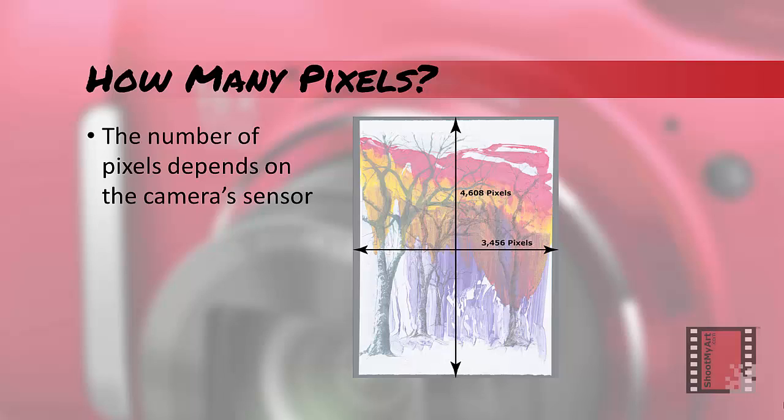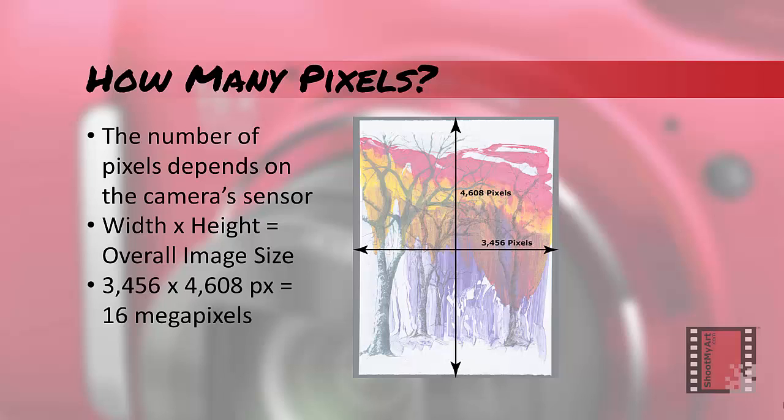Different camera models have sensors with other dimensions, so these numbers will vary for your camera. If I multiply the pixel width times the height, I get the overall size of the image. In this case, it's about 16 million pixels, or 16 megapixels, which is common for many new cameras.